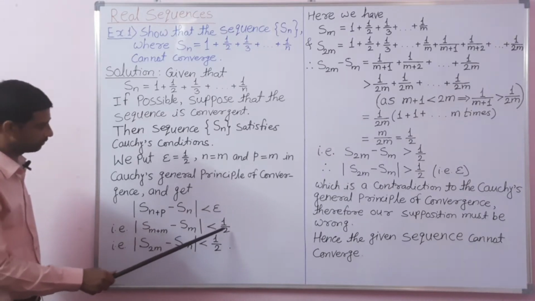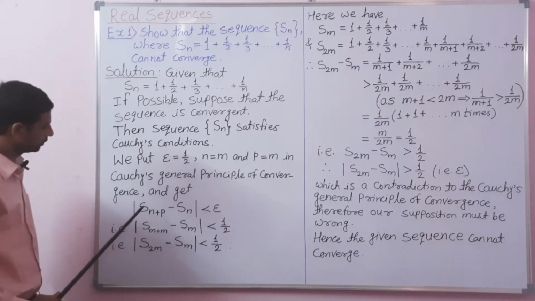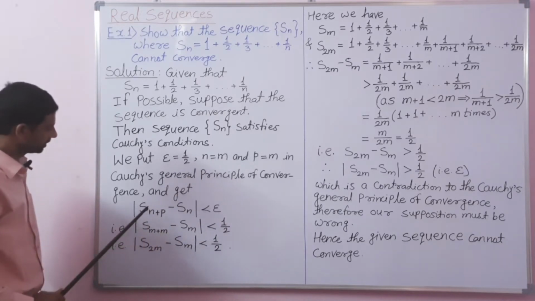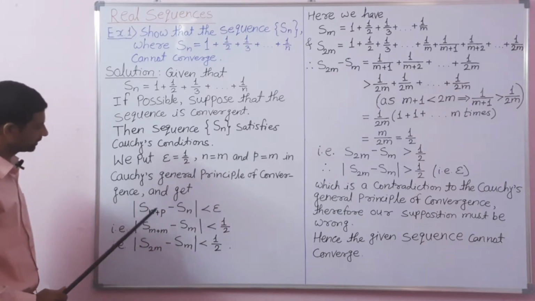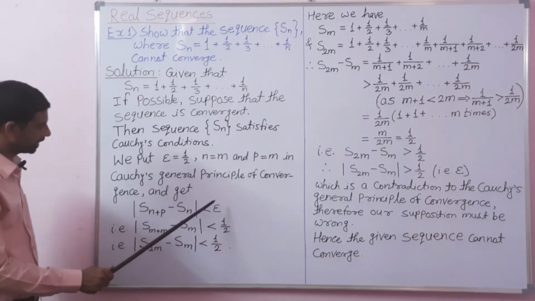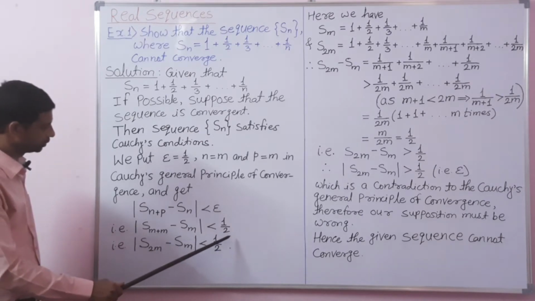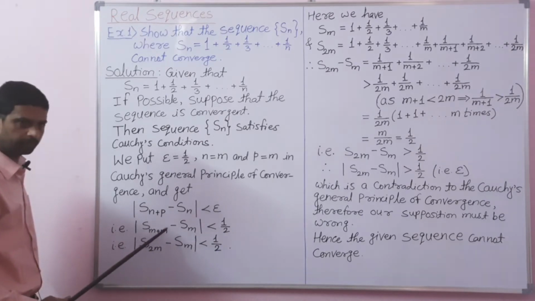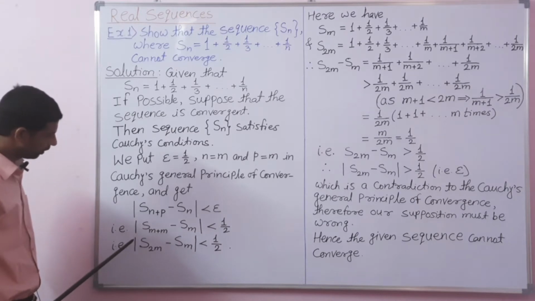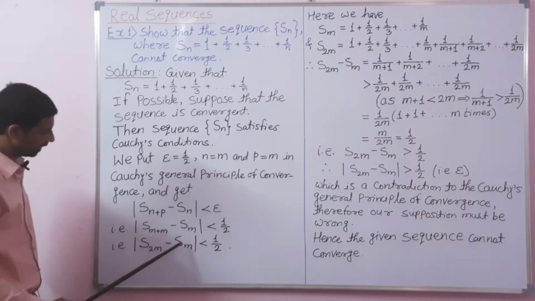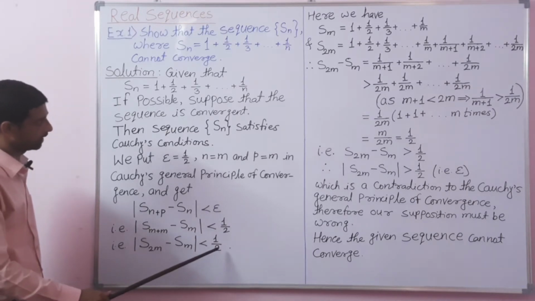So mod of S m plus m minus Sm is less than 1 by 2. But m plus m is 2m. Therefore we got mod of S2m minus Sm is less than 1 by 2.